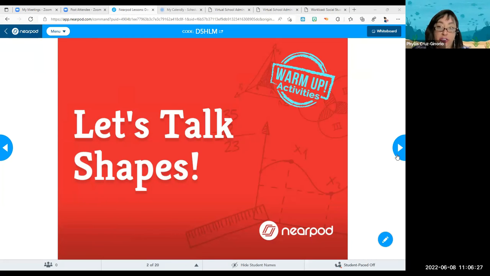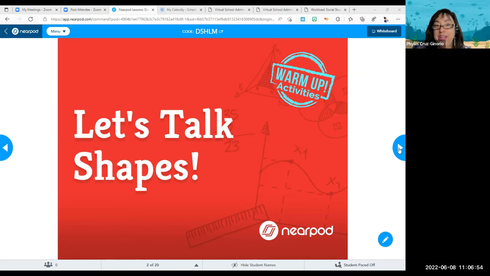So let's talk shapes. Remember 2D shapes? Flat like paper. Yes, we can compose or combine them. We can recognize and find those 2D flat shapes in objects all around us. We can describe them using their attributes.